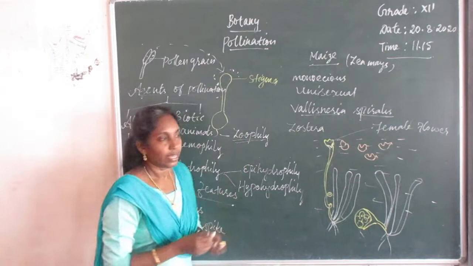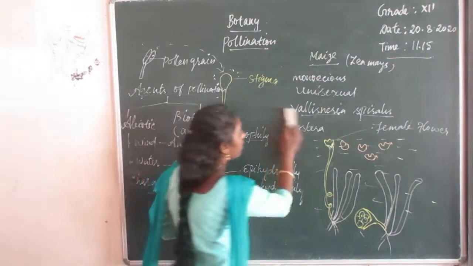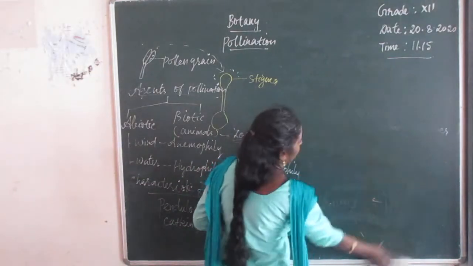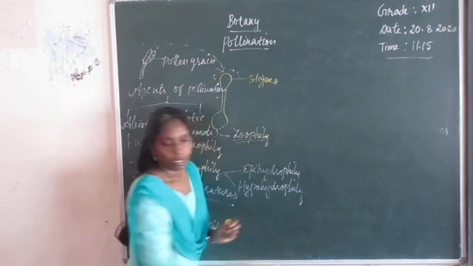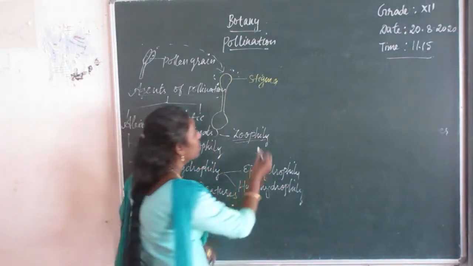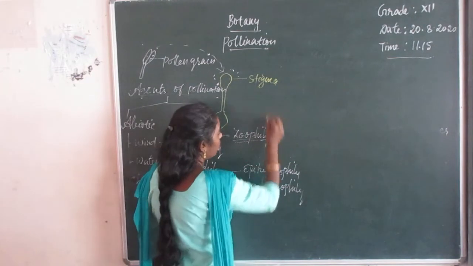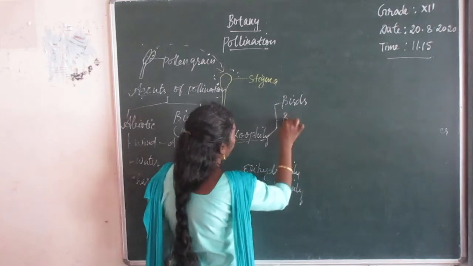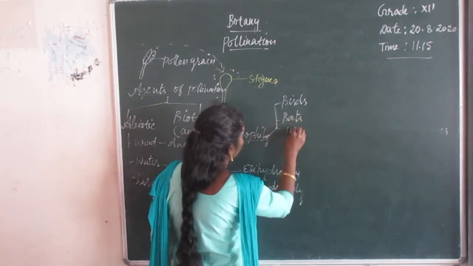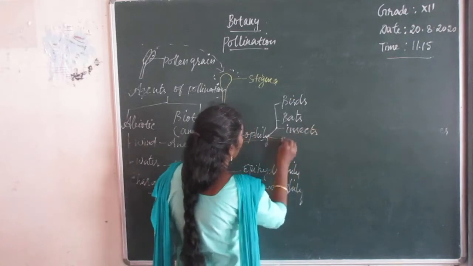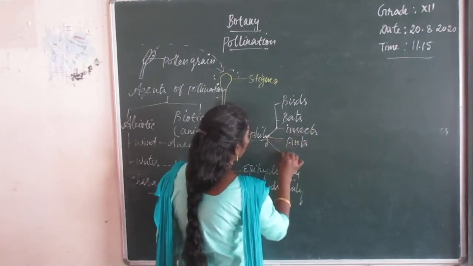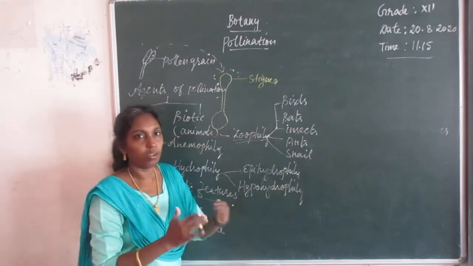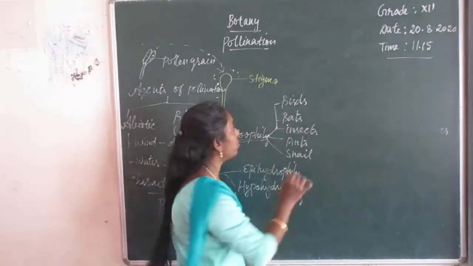It is classified into different types, like birds, bats, insects, ants, snails. Depending upon these agents that carry out pollination, they are classified into different types.